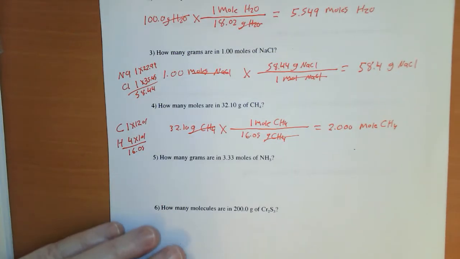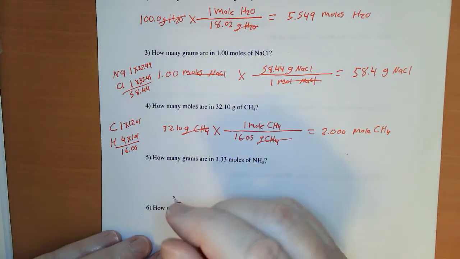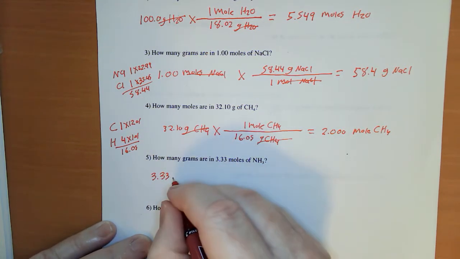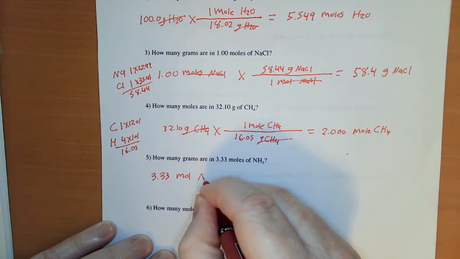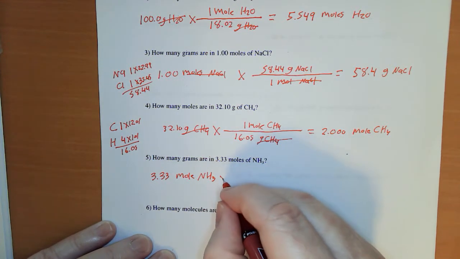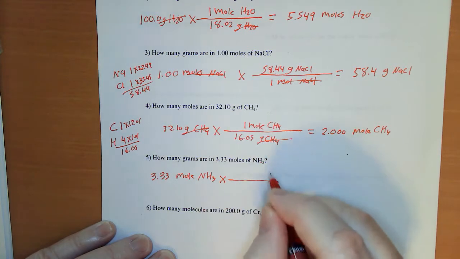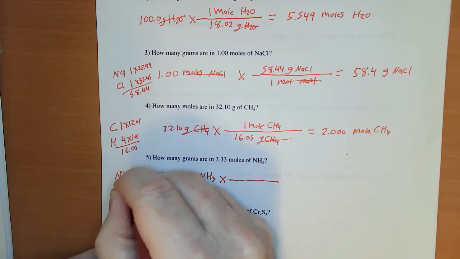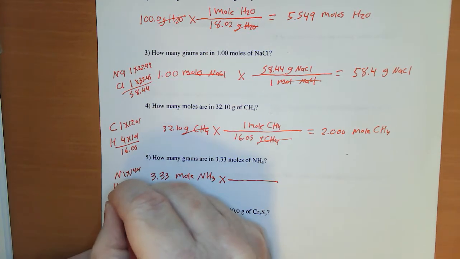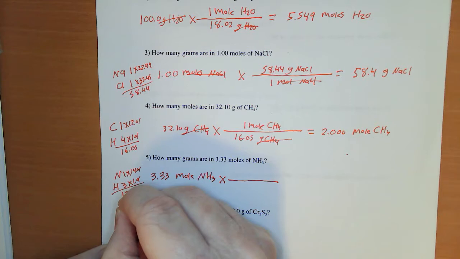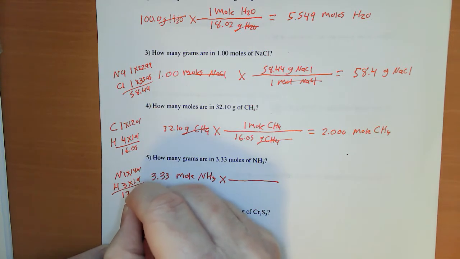Now let's look at one last one, just like all these, just so we know that you're good at it. 3.33 moles of NH3. MOL is typically how we abbreviate it, but I'm trying to write it out for you today. All right, nitrogen, hydrogen, 1 times 14.01 and 3 times 1.01. I get 17.0124.